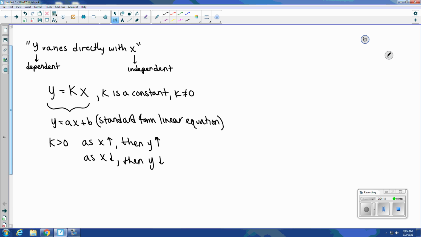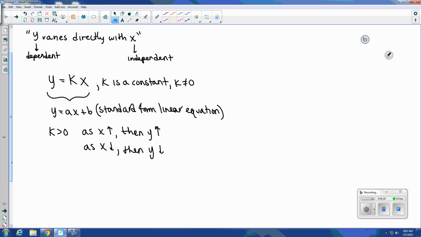And before we move on to inverse variation, when we look at the function y equals kx, k times x, not k to the x. If we manipulate this equation, knowing that k is a constant, if we solve for k, we're going to get y over x.